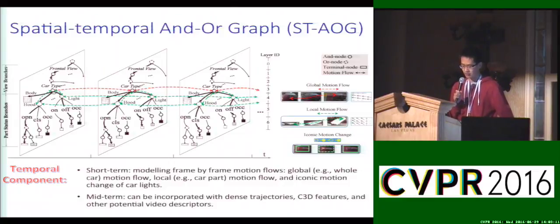The first is the global motion flow, which is the optic flow of the whole car, and the local motion flow, which is the optic flow of the car path, and also the iconic motion change of the car length. For the mid-term, we mean that our model can incorporate the trajectories and the newly proposed sensory features and potentially other video descriptors.